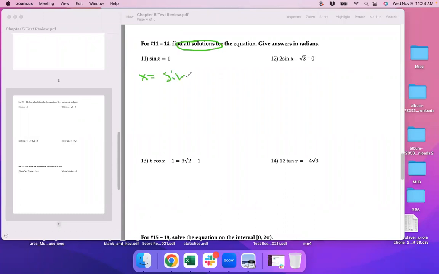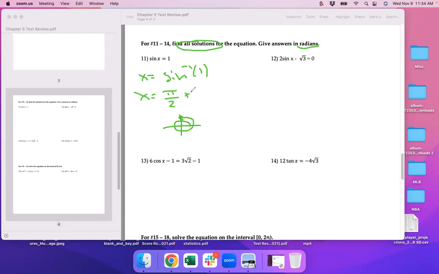X is going to be the inverse sine of 1, which I know is going to happen at pi over 2, and nowhere else in the unit circle from 0 to 360 or 0 to 2 pi. And usually we like to give the answer in radians, but because it's finding all solutions, you could go around the circle once and then stop at pi over 2.